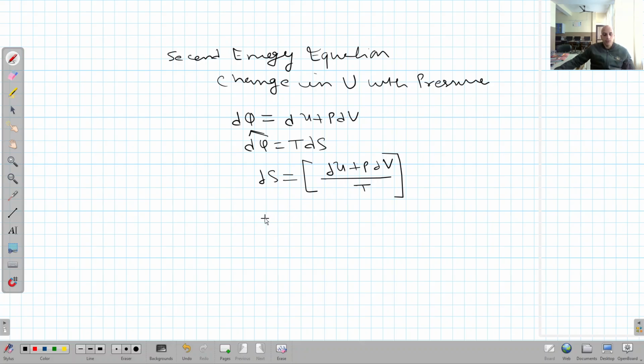This is the same thing that we did earlier. I simply put TdS here, then I took T toward this side, dS = (dU + PdV)/T, then I converted it into a partial derivative. Now we are going to make use of Maxwell's fourth relation.